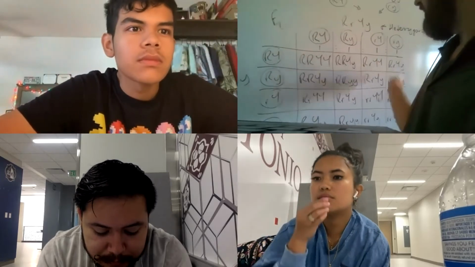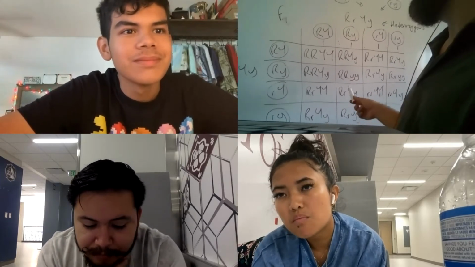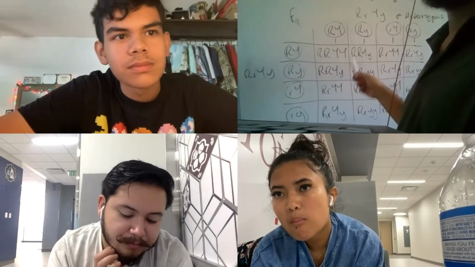So now what you do, we're not going to be doing a genotype ratio for the dihybrid cross because that would just be painful, right? What we care about are the phenotypes. So you go through all of these and see where you have a dominant allele for both genes.